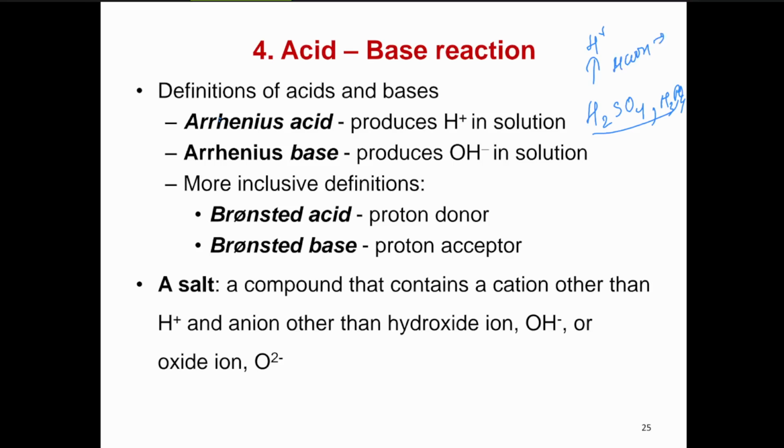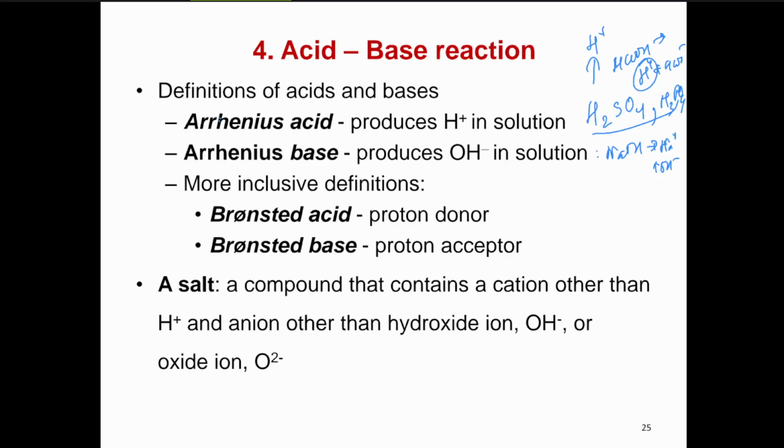When you put it in water or in solvent, it can generate H plus and HCOO minus. So we see it generates H plus. So we call it an Arrhenius acid. And then for the base, it can produce OH minus, like NaOH. You see Na plus, OH minus. It's very nice. The definition is perfect.